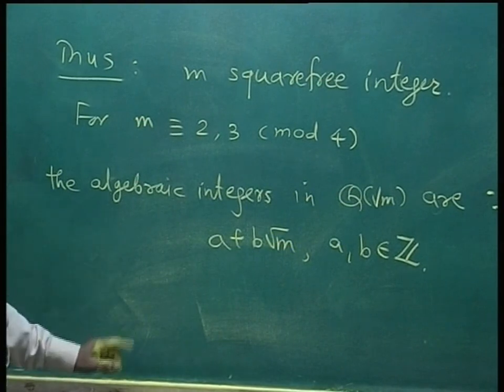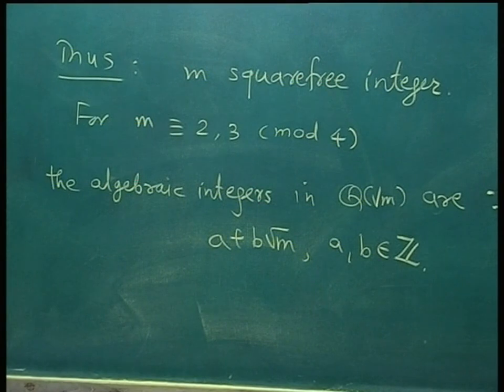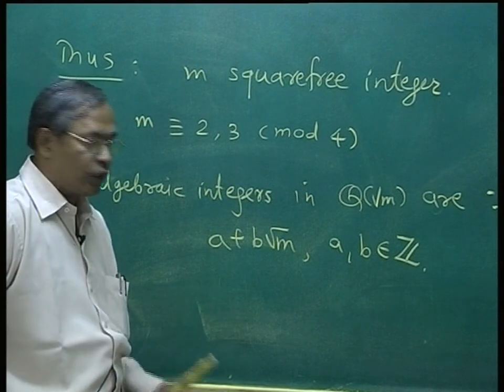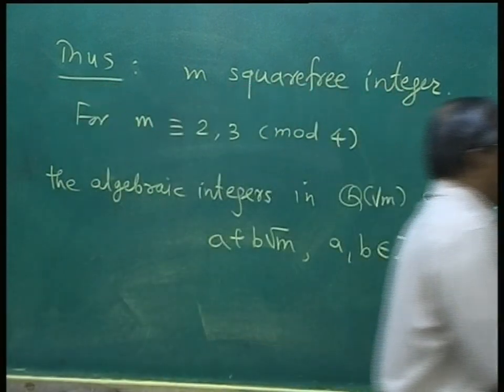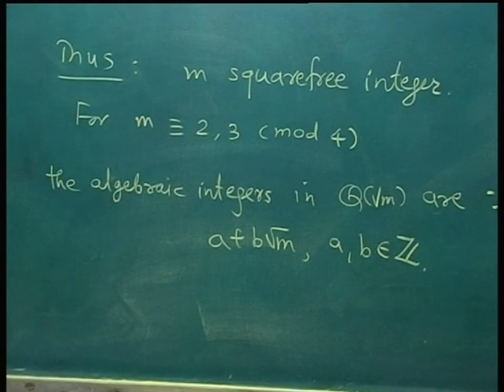Whereas if m is congruent to 1 mod 4, we have two types of algebraic integers. They can have either 1 in the denominator or 2 in the denominator, that's all. No other positive integer can be in the denominator.